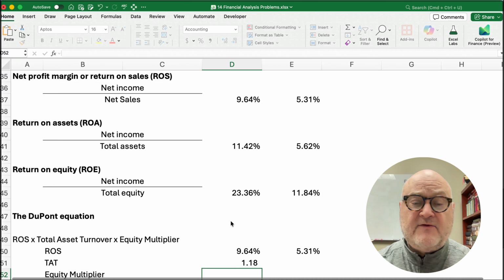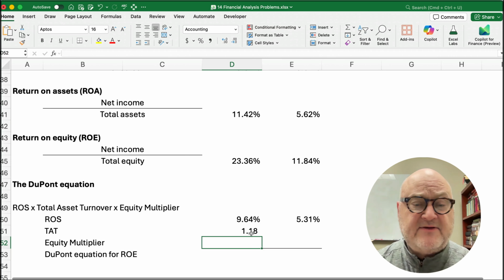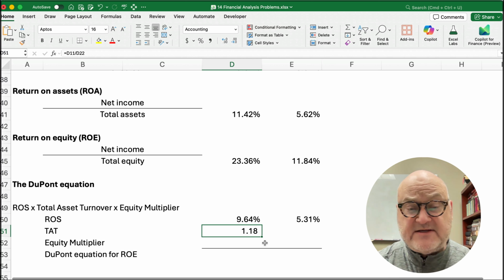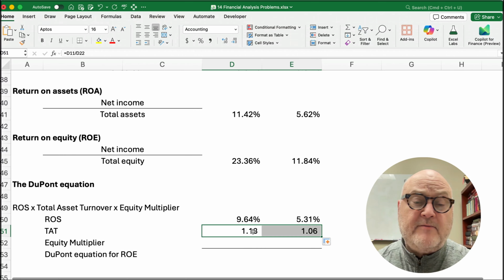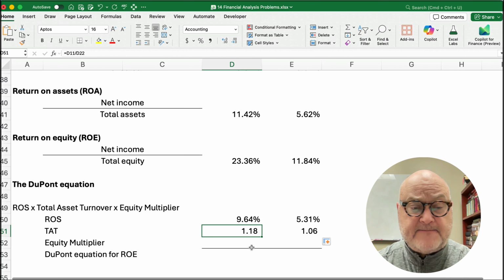It gives you, for every dollar in assets, how much it generates in sales. Well, 1.18. This is the asset efficiency. Remember, this is in the activity ratios or the efficiency ratios. So 1.18, 1.06. We're a little bit more efficient in using assets to generate sales, right?